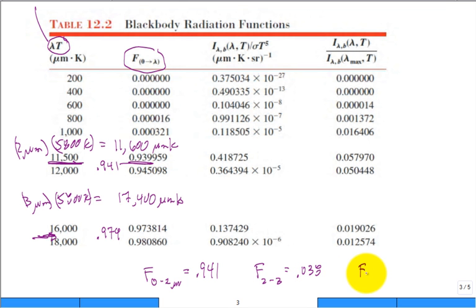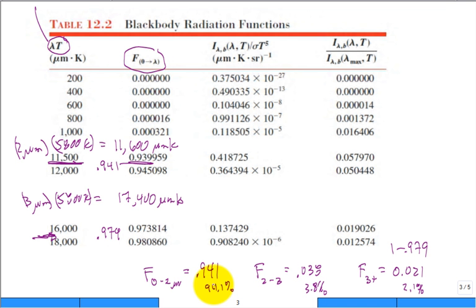And then what's the fraction 3 plus micron? Wouldn't it be 1 minus 0.979, which comes in at 0.021. So around 2.1% longer, 3.8% in that band, and then this is 94.1%. If you add those three fractions up, double check yourself, you get 100%.